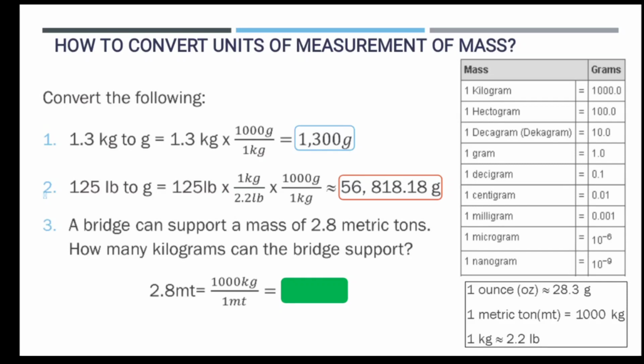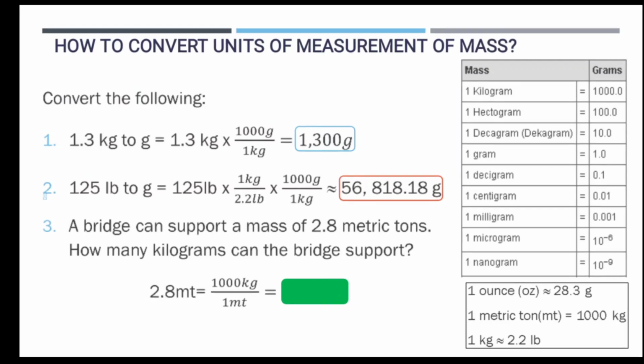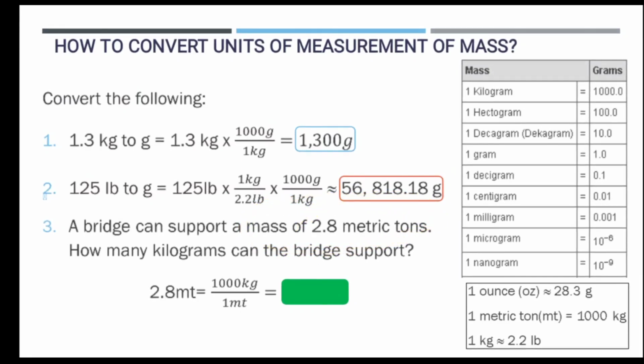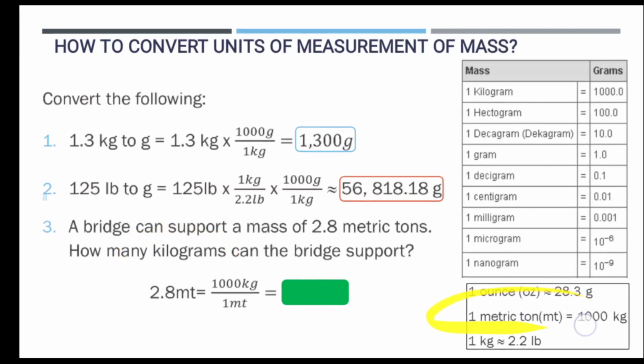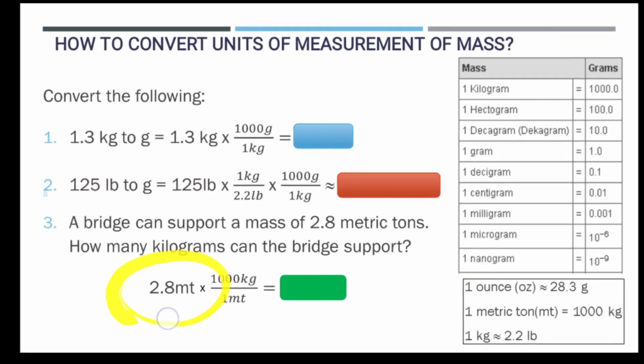Next, let's have this problem. A bridge can support a mass of 2.8 metric tons. How many kilograms can the bridge support? So in this case, we have the given metric tons and we have to convert it to kilograms. So here we have 1 metric ton is equal to 1,000 kilograms. Therefore, 2.8 metric tons times, so take a look at the conversion factor.